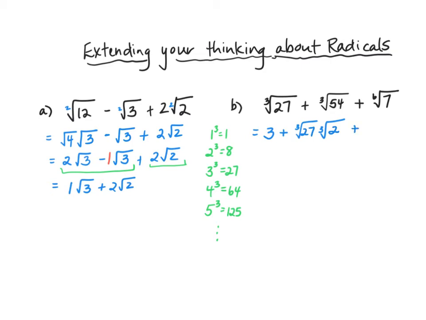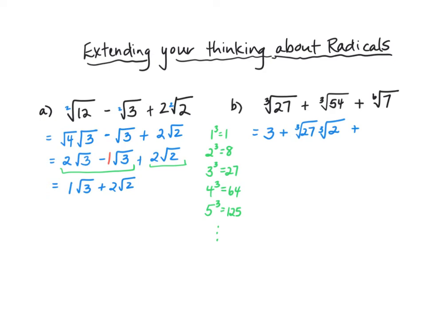I'm going to go out to the last term now. I've got the 6th root of 7. Wow. So my question is, is there a number that when multiplied by itself 6 times is going to give me 7? I would need to consider, instead of raising values to the exponent 3, raising them to the exponent 6 and creating a whole new list.